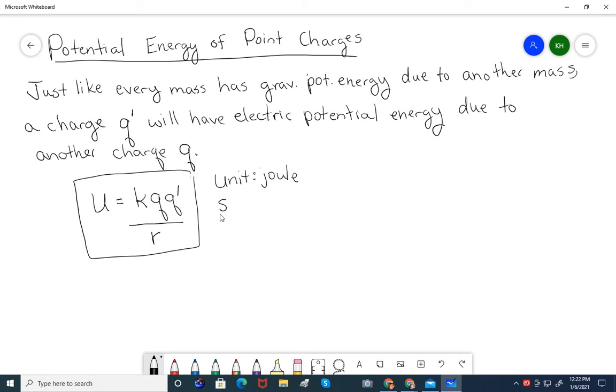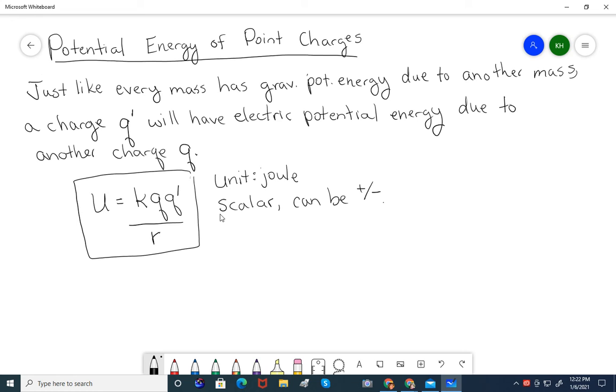This is a scalar quantity, which means, of course, that it can be positive or negative. Now, you may think it's odd to think in terms of negative potential energy, but remember, really it's only changes in potential energy that are important.